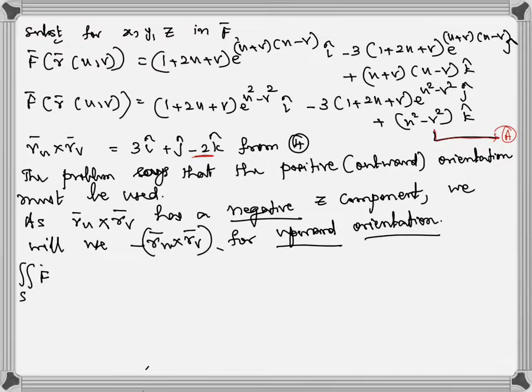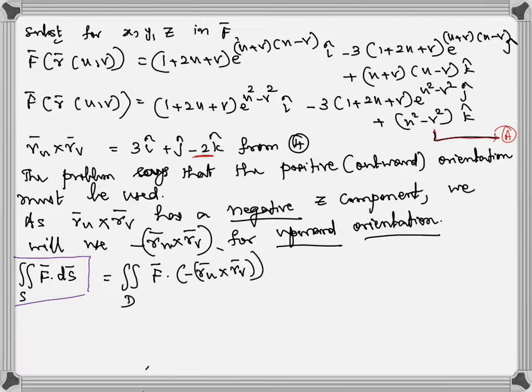So the double integral over S of vector f dot vector dS equals the double integral over D of f dot negative R_u cross R_v dA. We'll call it step P. So it is integral 0 to 1, integral 0 to 2.